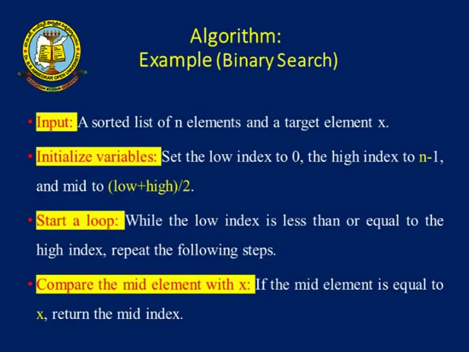The mid element is low plus high divided by 2. We have to find the mid element in binary search: lower index plus higher index by 2. Here the lower index is 0 and the higher index is n minus 1, so 0 plus n minus 1, divided by 2, is the middle element. Now we will start the loop.